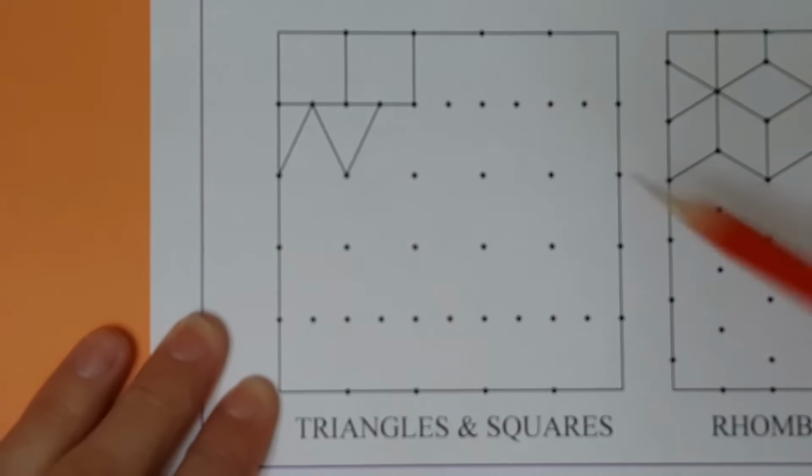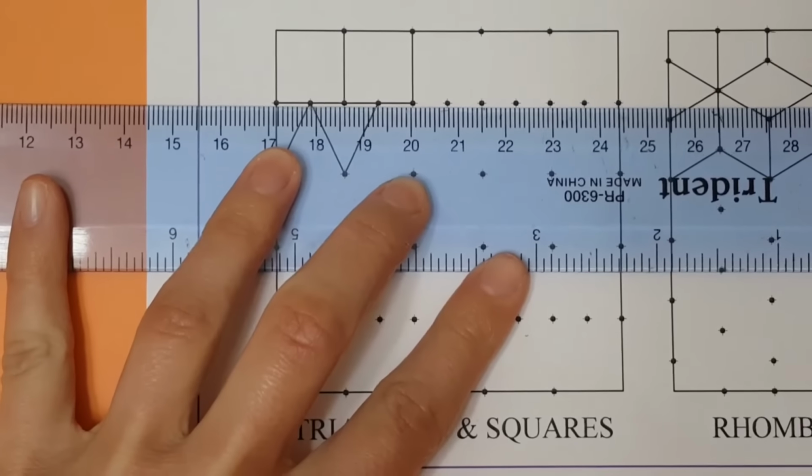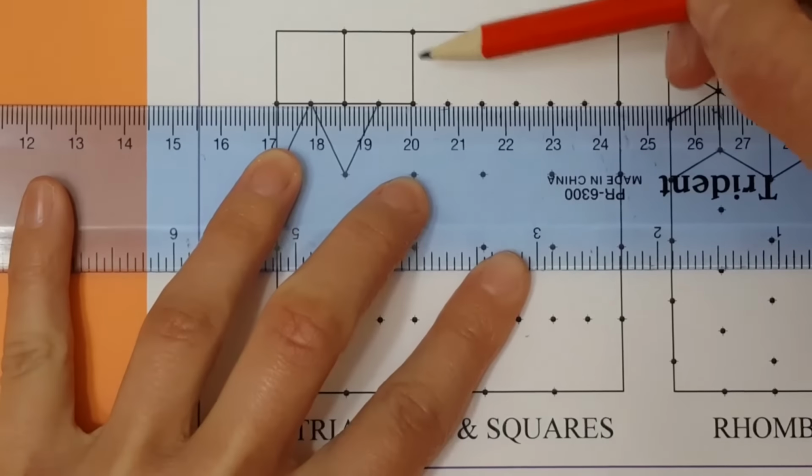Okay, now let's start. In this tessellation, I'm first going to be drawing the horizontal lines.